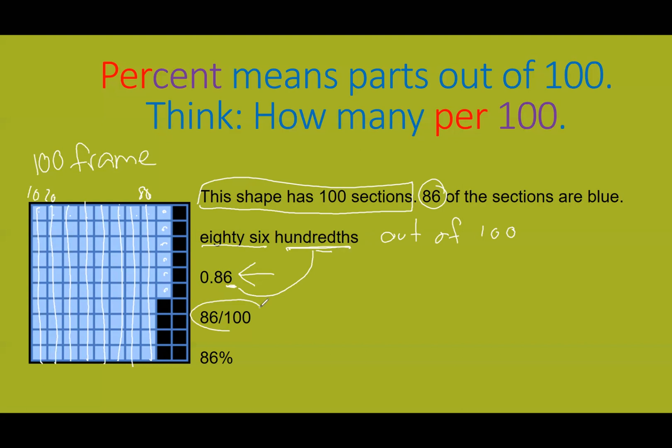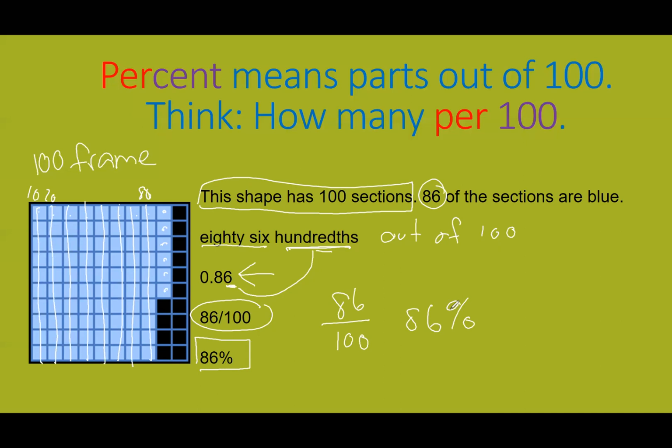And we also say it here as a fraction, 86 out of 100, or 86 hundredths. And right here, this is important. 86 hundredths is the same as 86%, right? 86 hundredths is the same as 86%.